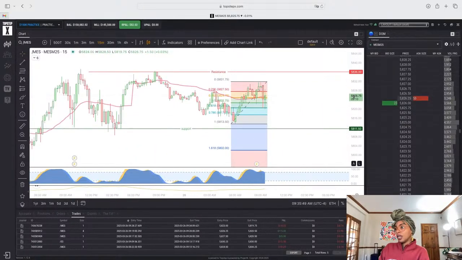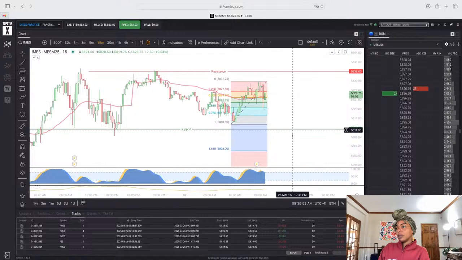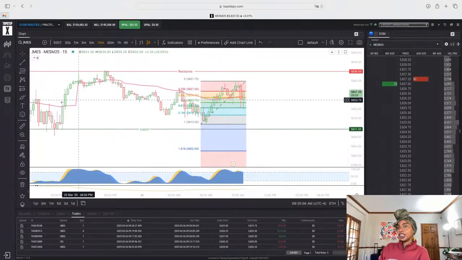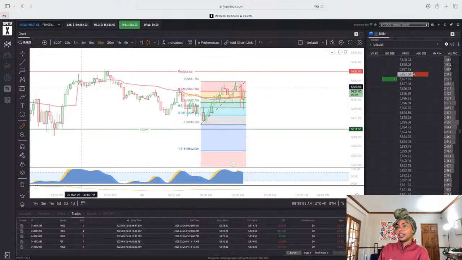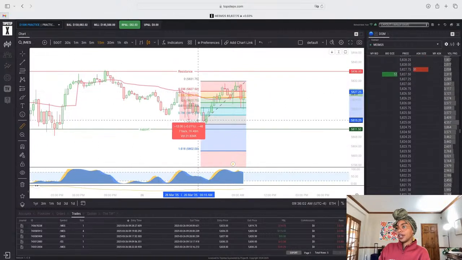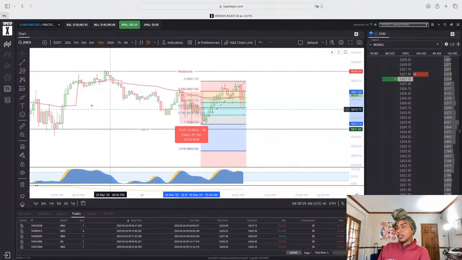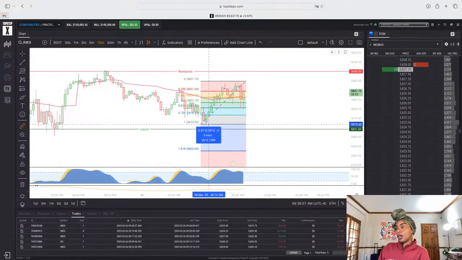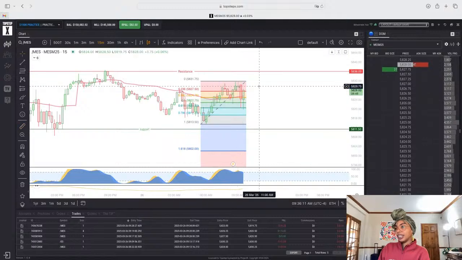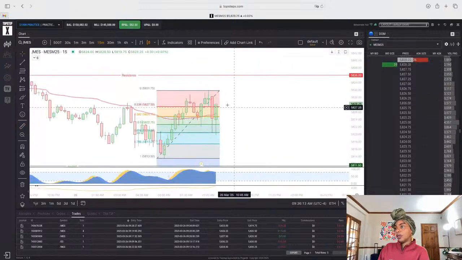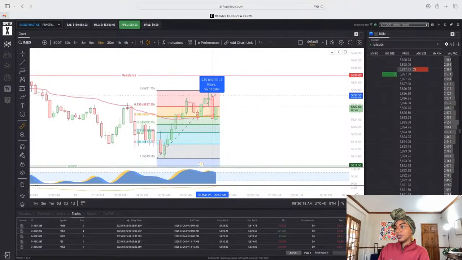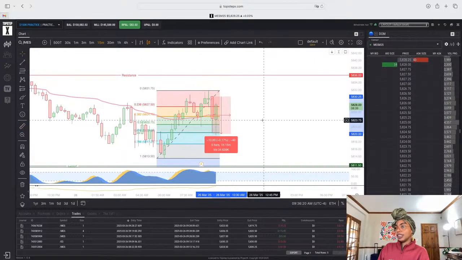So either you're waiting for a break to the upside, a break to the downside, or you're just catching 10, 15 points in these little movements here on smaller time frames. That was 13 points. We would have caught this trade here on the 15-minute, that's 18 points. Now, once it pushed down and it got to this level here, that was 10 points.